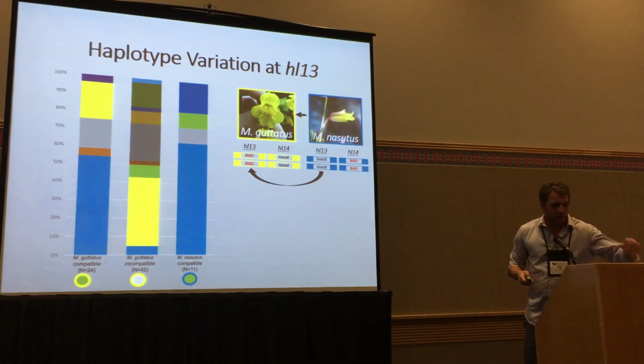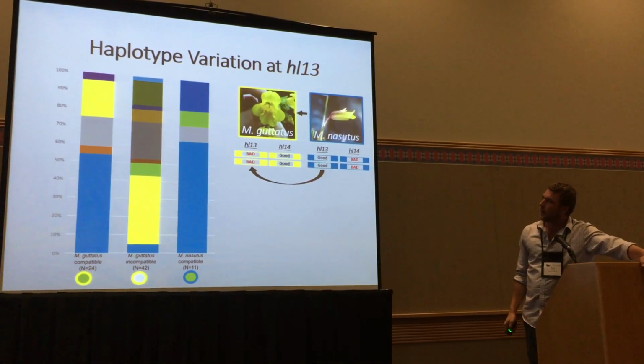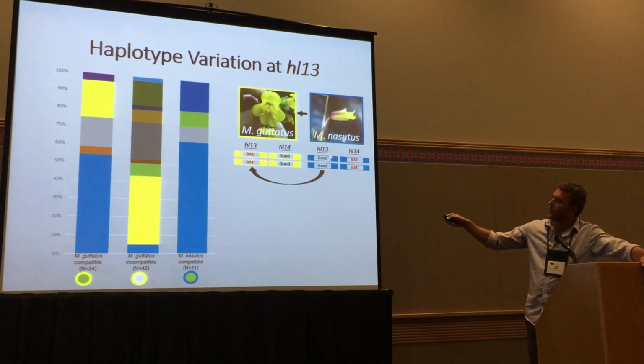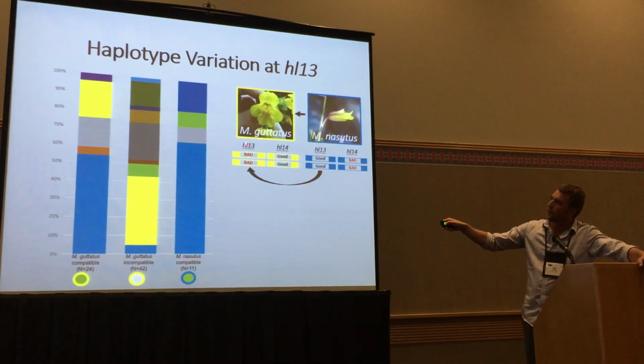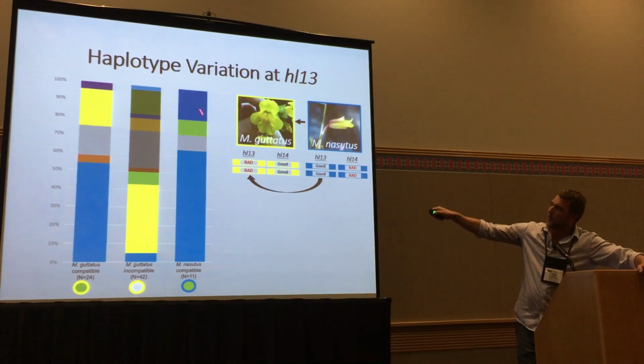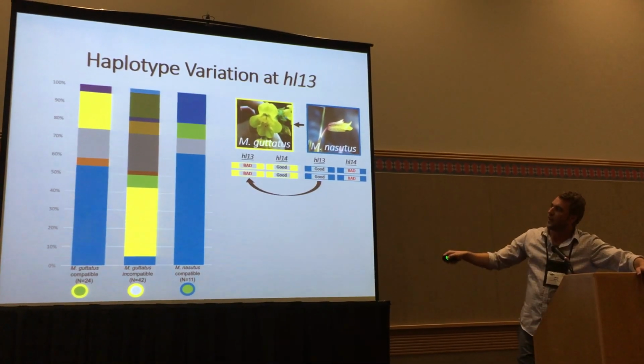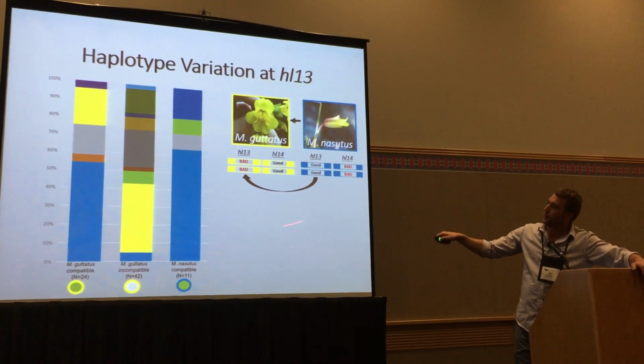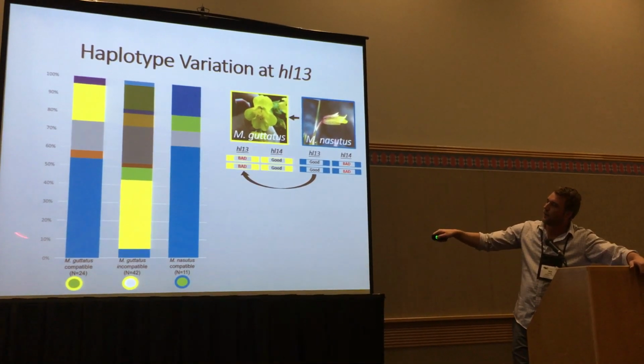So here's the actual data. This is testing the good allele going into the bad, replacing the bad. Here's the haplotype variation that exists in Nasutus individuals for the good allele.